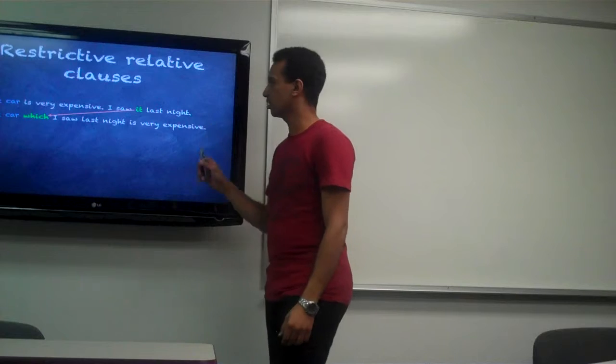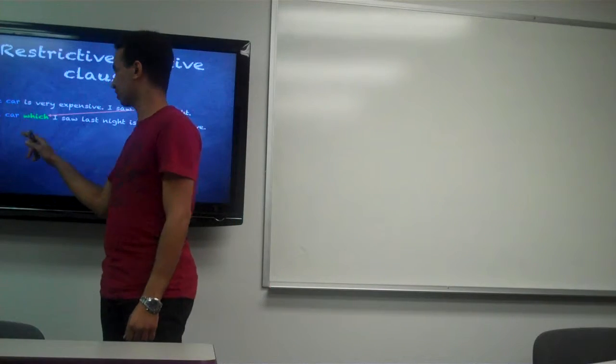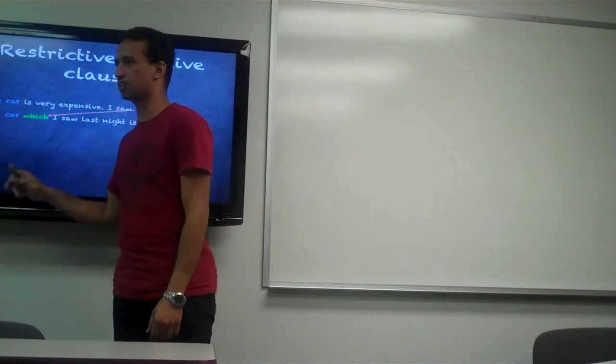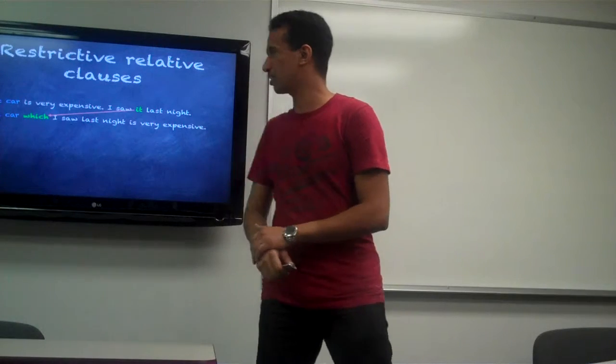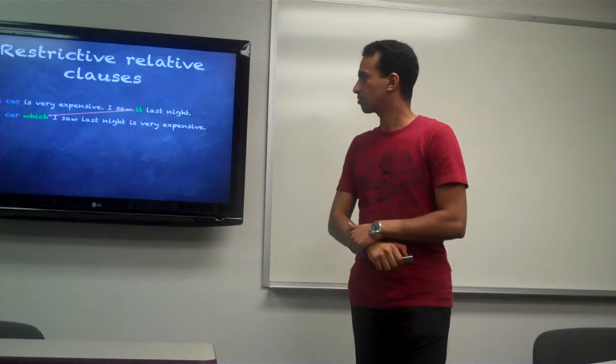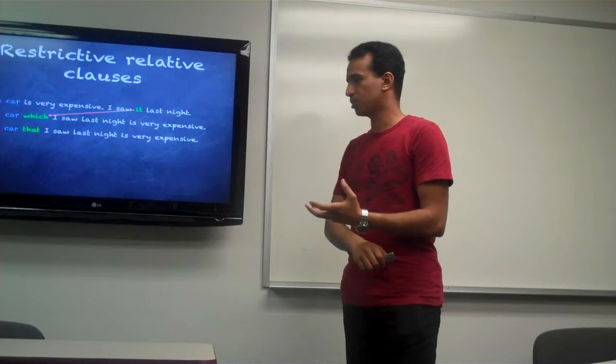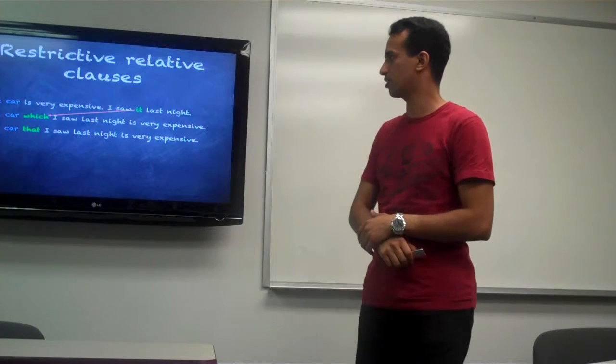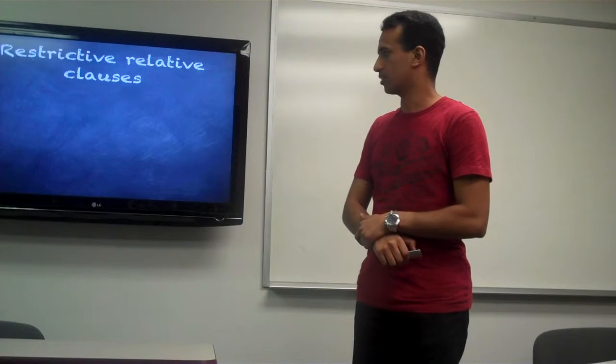It's very expensive. We don't need to use a comma because it's important to know which car I saw, which car is expensive. We can use which or that. Either way is right.